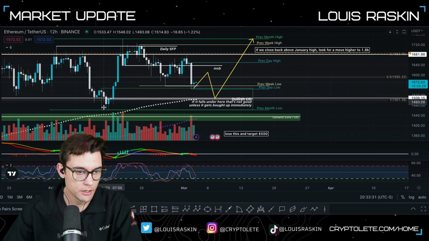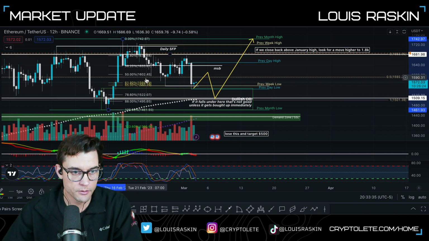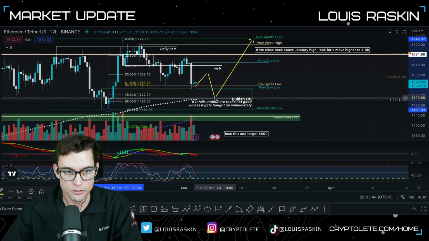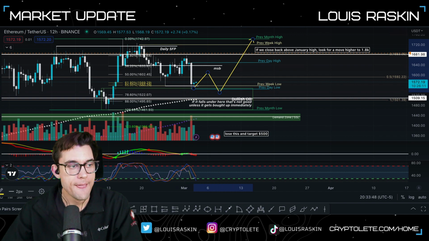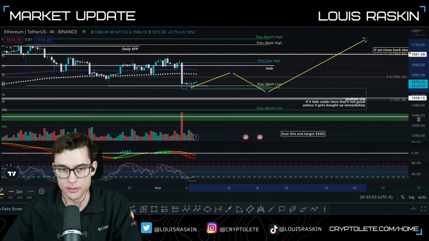Let's check. Fibonacci, bottom to top. Target 1 was right there. So boom, that was the first target. Target 2 would be 1525. So I think that this is probably more realistic of what's going to happen for Ethereum.